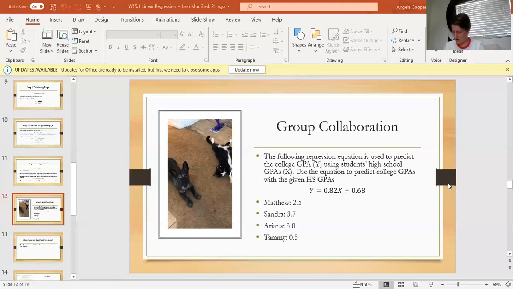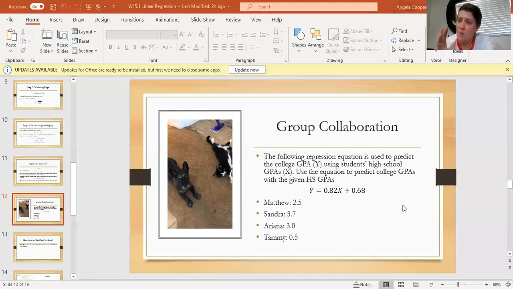Tammy's predicted college GPA is 1.09. So we have 2.73, 3.71, 3.14, and 1.09. Those are the y variables, the criterion variables, predicted, not predictor variables, for these four people using this linear regression equation.